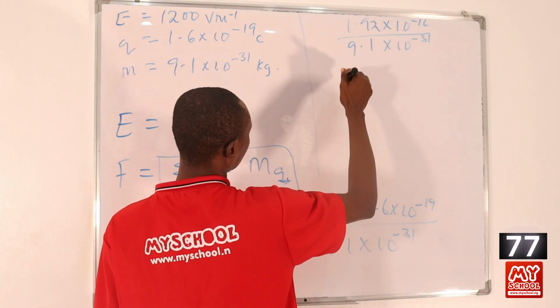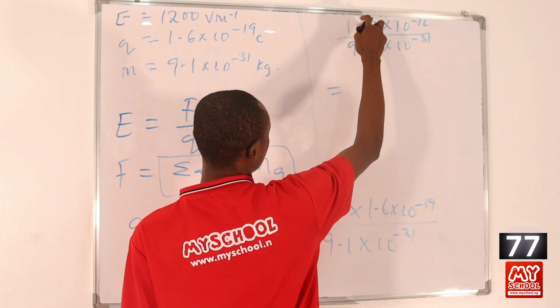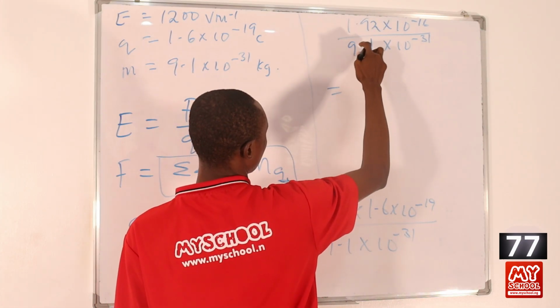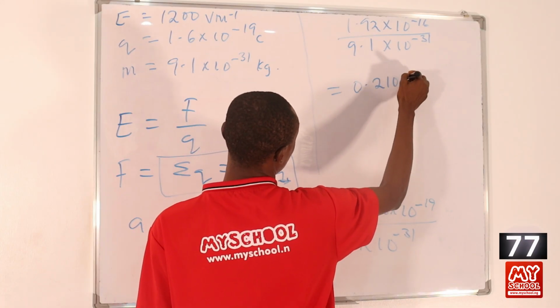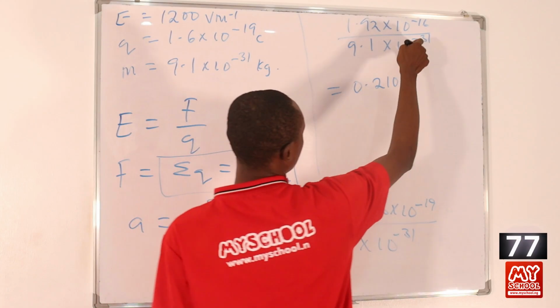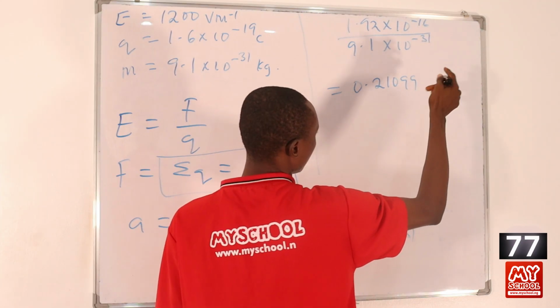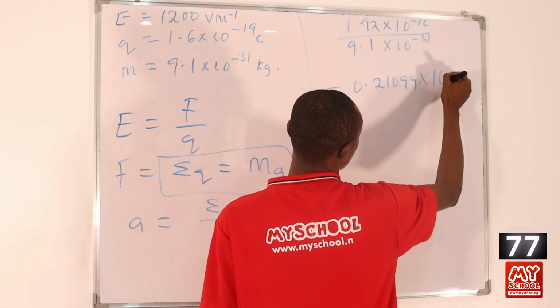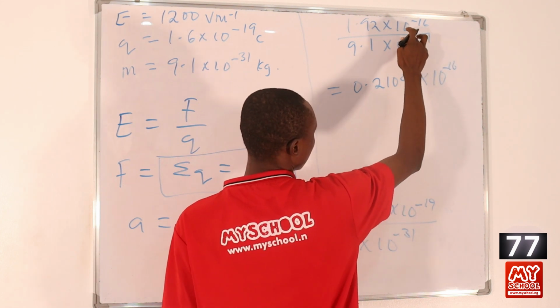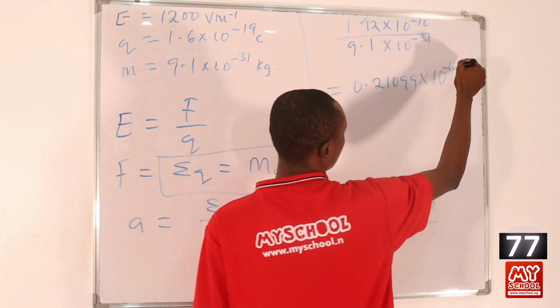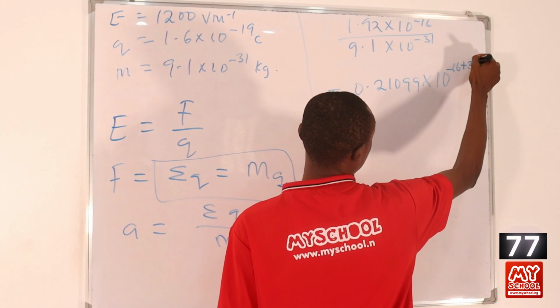Now if we divide 1.92 by 9.1, we are going to have 0.21099. Then let's solve this place using the law of indices. We have times 10 raised to the power minus 16, then plus, because this is going to be minus minus, and minus minus is plus, so we have plus 31.